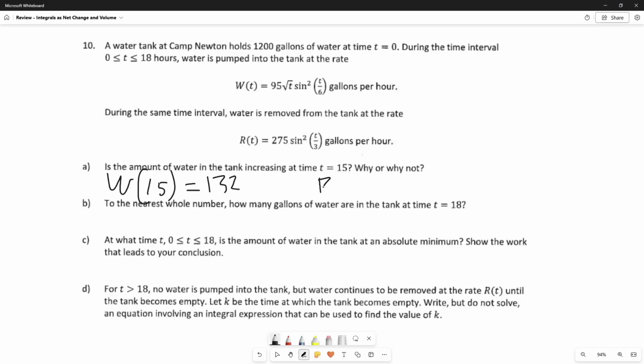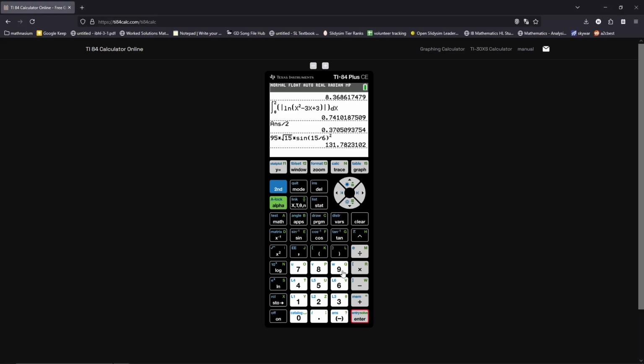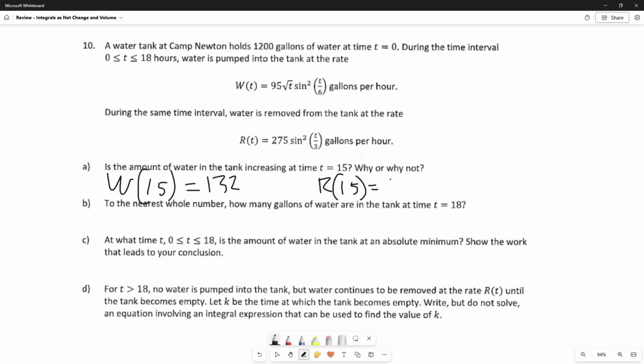And R of 15 is equal to 275 times sine of 15 over 3 squared, which is 253 gallons per hour. So the water is being removed faster than the water is being added, so no, it is not increasing.